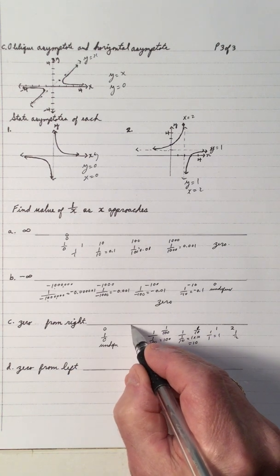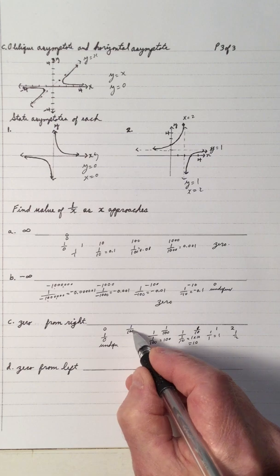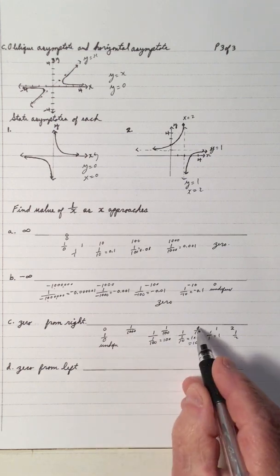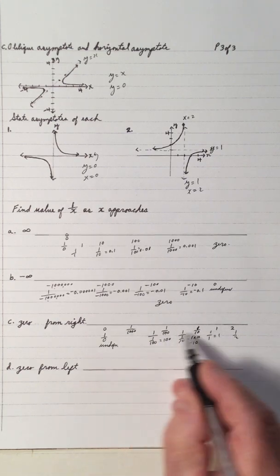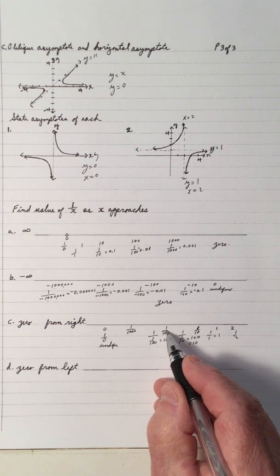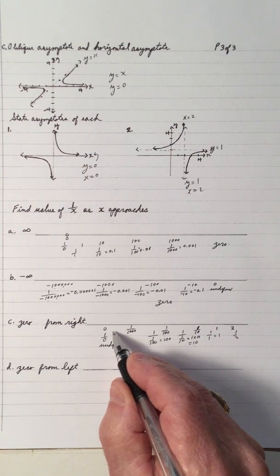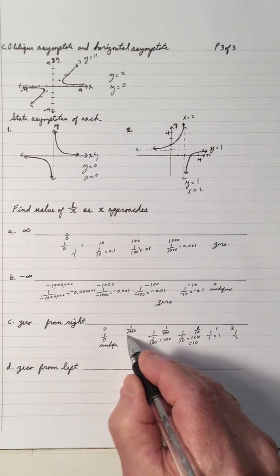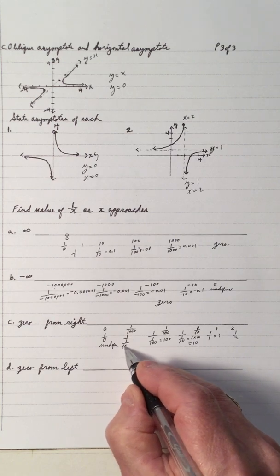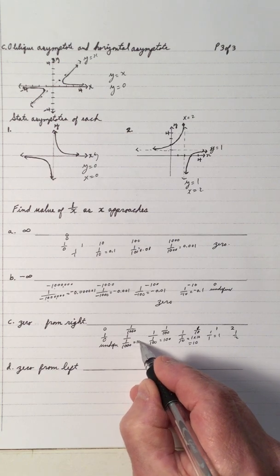So what about if I put 1,000? See, that's a 1 and that's a 0. This is 1/10, this is 100, this is 1,000. So I'm getting closer and closer to 0. So that's 1 divided by 1 over 1,000. So I get 1,000.